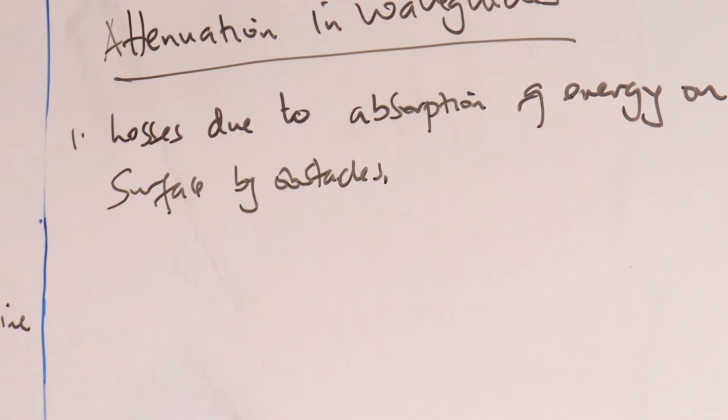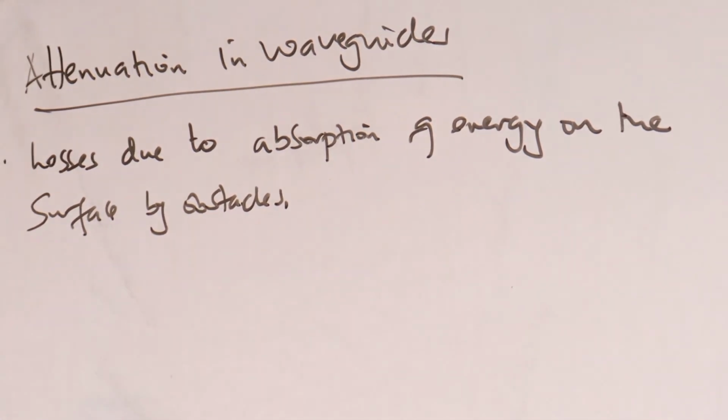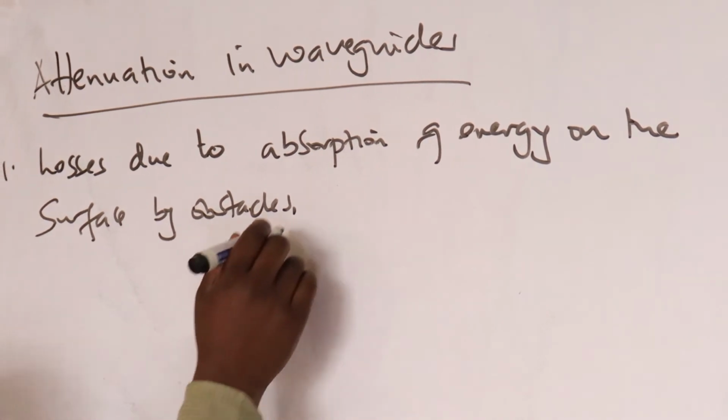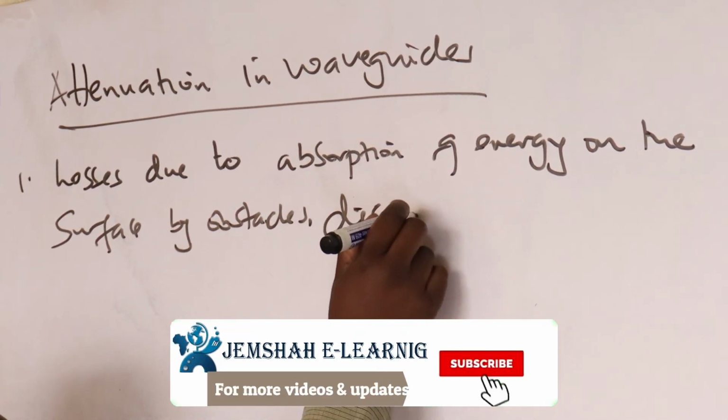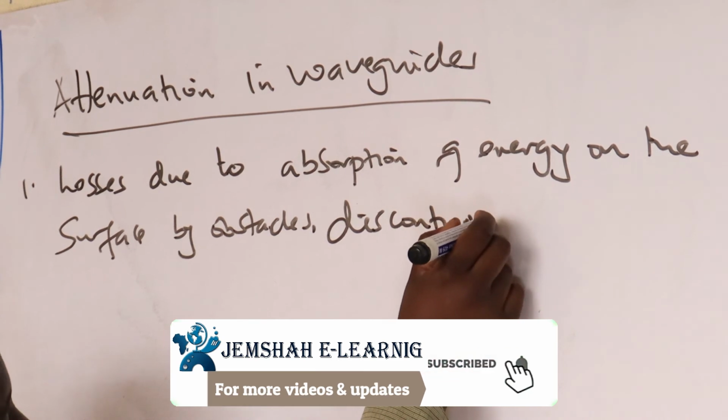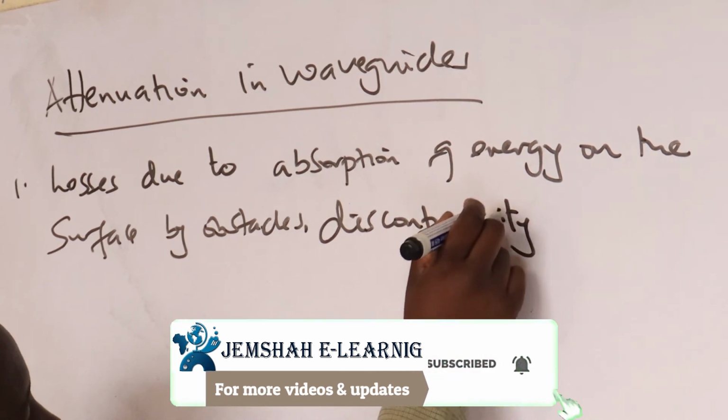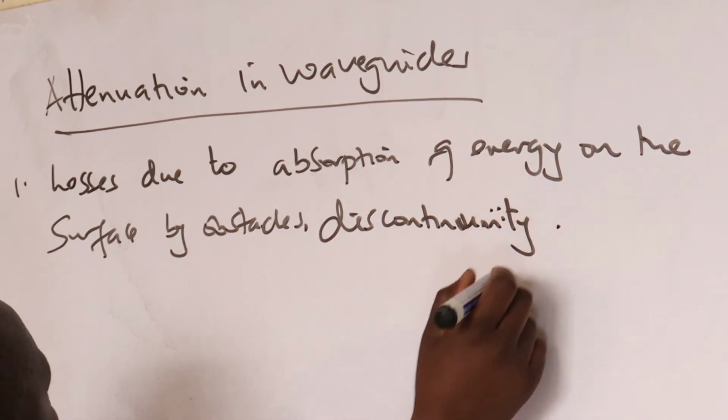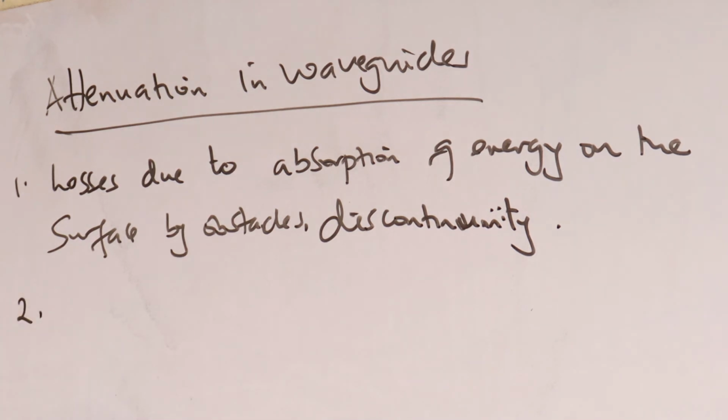When we talk of obstacles, we can also talk of discontinuity of the surface. Number two, the second source of losses is losses due to currents flowing in the waveguide walls.